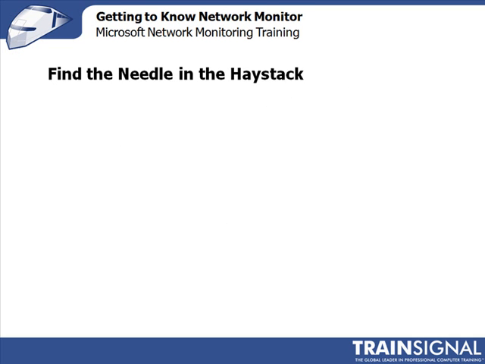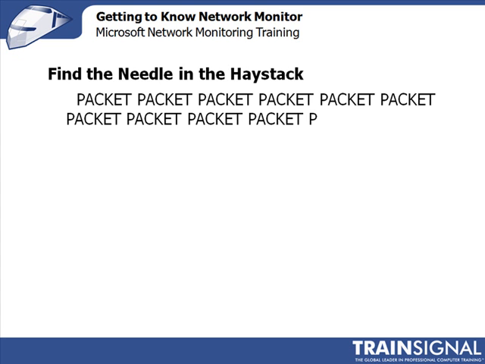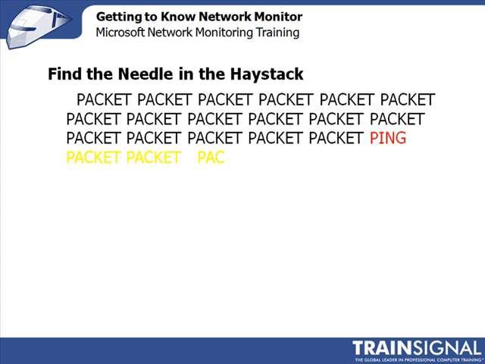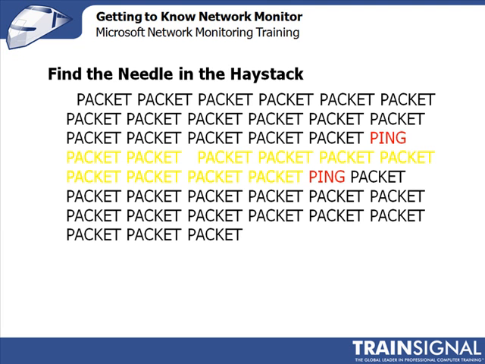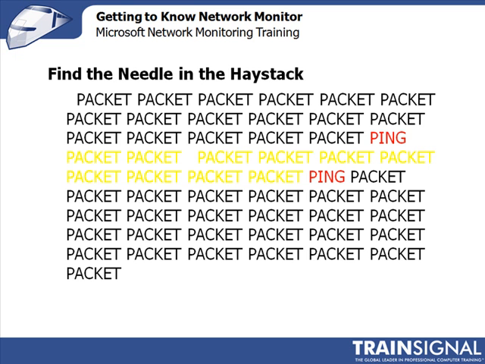To help you find that needle in the haystack or focus on the traffic from one specific client, one of the tips I like to use is to ping. Let's say you're having a problem with an Outlook client who cannot get his email from the Exchange server. So from the client, I would ping the Exchange server and then attempt to get email.